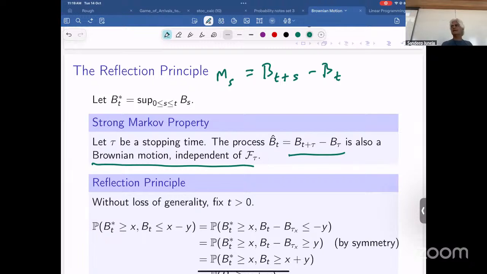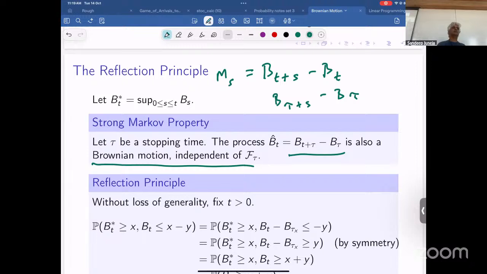The question now is, is this also true after a stopping time? If I see the process evolving after a stopping time, is that still a Brownian motion? That's an interesting question, right? And because it's a stopping time, you expect this to be true. One is a stopping time tau, a random time.